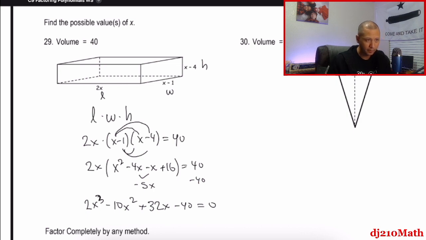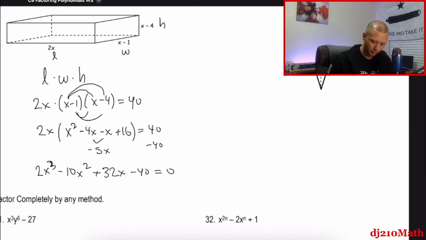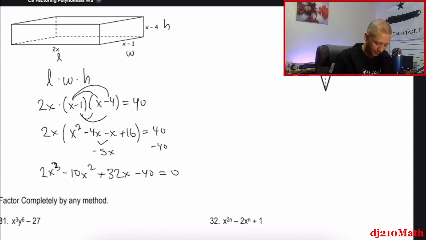Okay. Let's apply what we just learned. So I'm going to split this down the middle. On the left-hand side, we're taking out the GCF. So 2x squared. What's left behind? x minus 5.